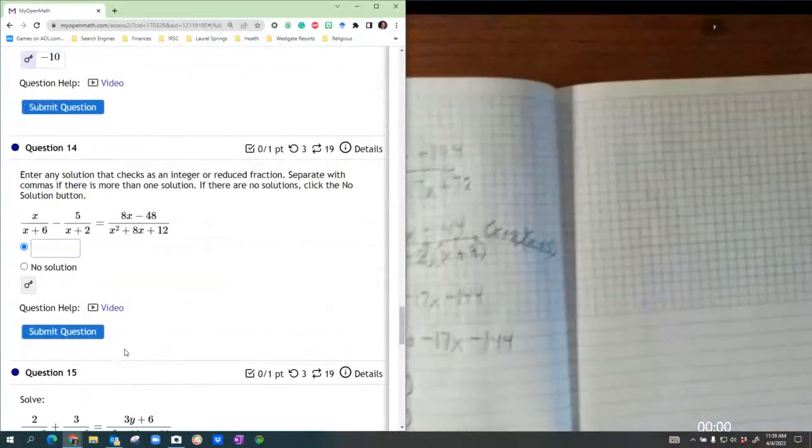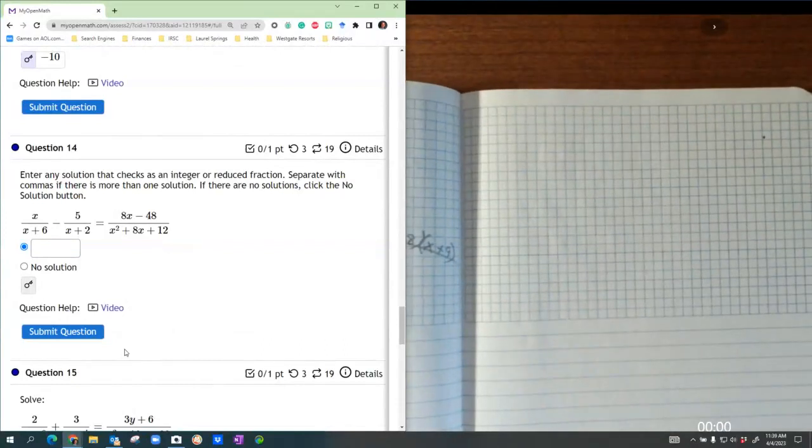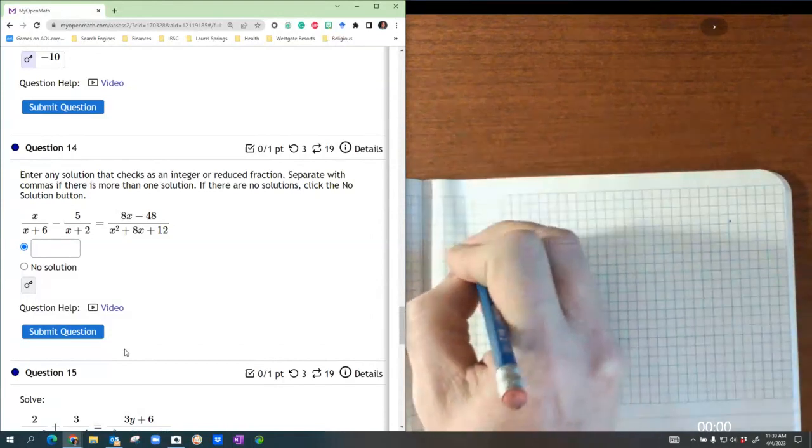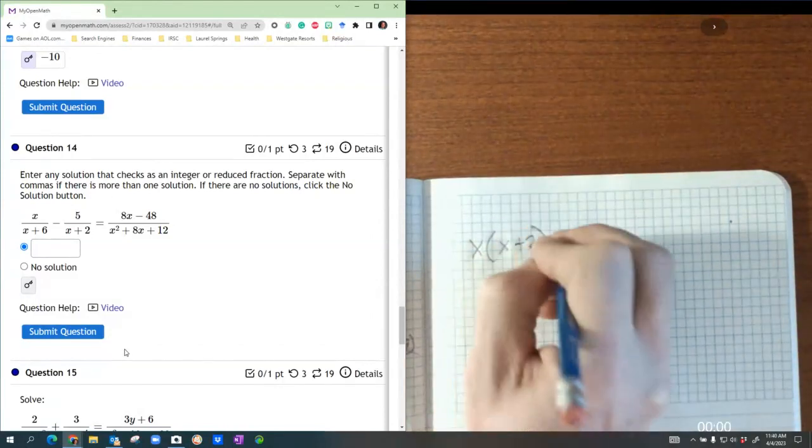See, so this becomes very systematic. Once you've done a lot of these, you can start using tricks. I know that x plus 6, x plus 2 is the factored form of x squared plus 8x plus 12. So I'm going to write this down as x times x plus 2.